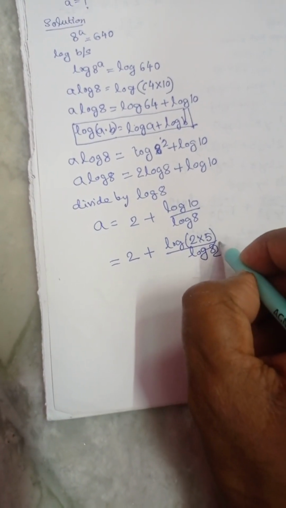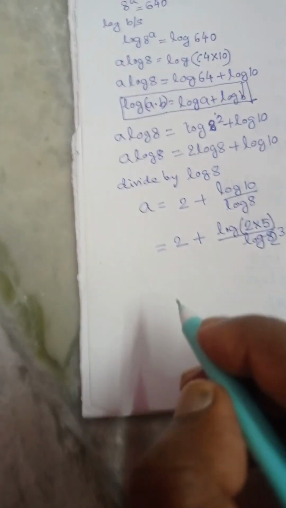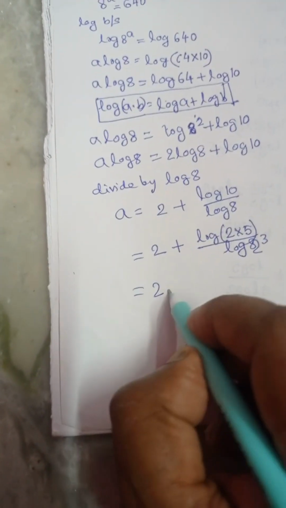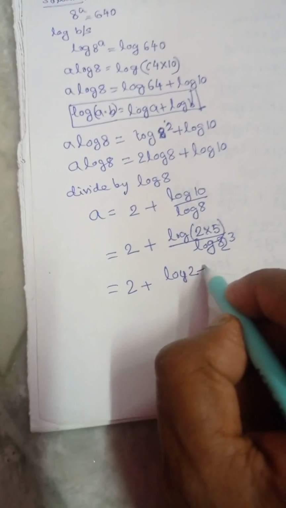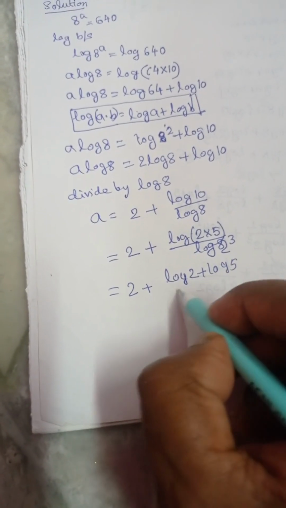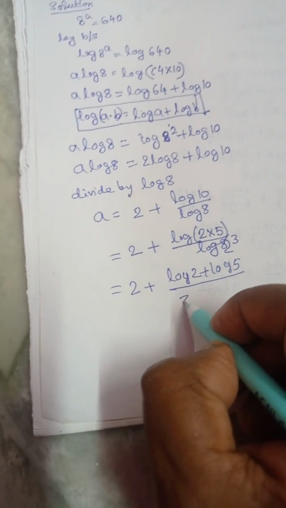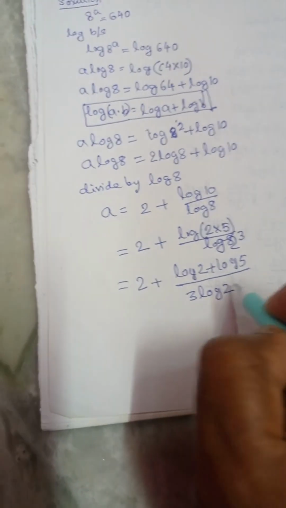So 8 is 2 to the power 3, or a equal to 2 plus log 2 plus log 5 by 3 log 2.